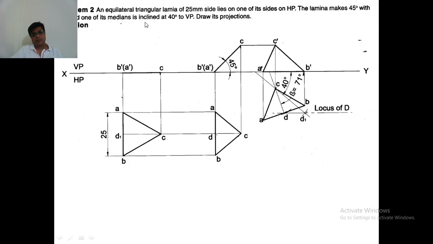So now you have to incline this median at 40 degree to VP. Since the length of the median is changed here, we cannot directly place the median at 40 degree. So for that you have to follow the locus method.